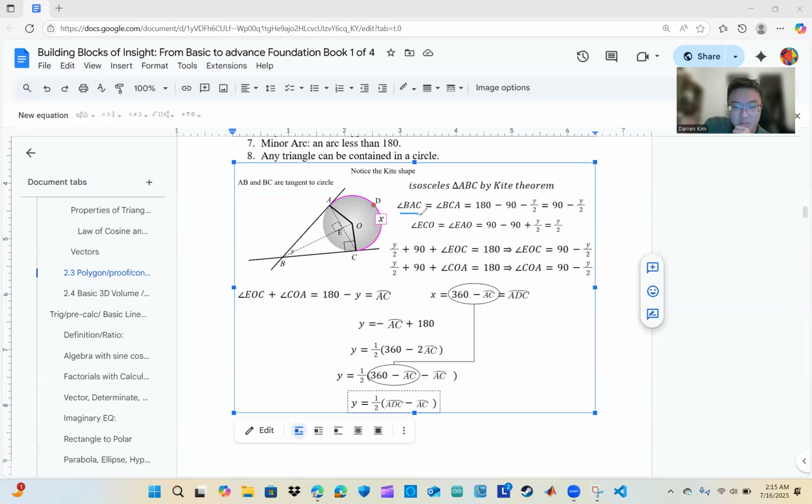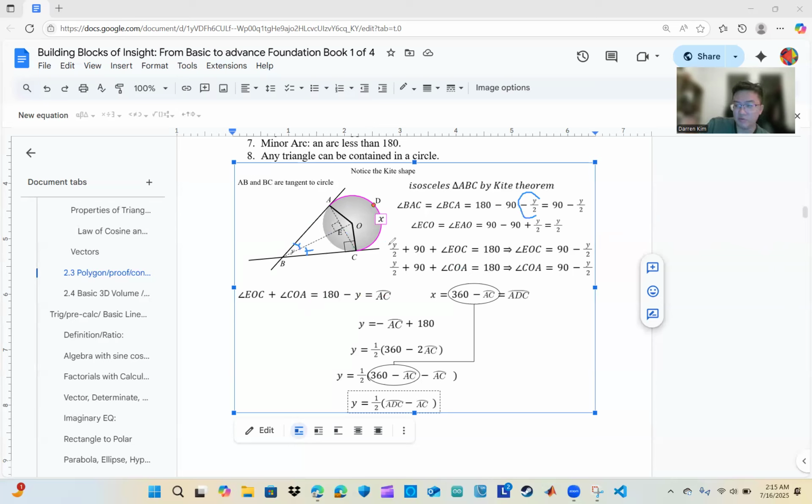BAC over here, BAC, and then this, and then we figure out this 180 is the total of a triangle. So any triangle equals 180, and then we minus 90 over here. Where does that 90 come from? Over here, this is all 90 degrees. So we get minus 90 over here. And then, oh, where does that y divided by 2 come from? Well, we divide it by a bisector over here.